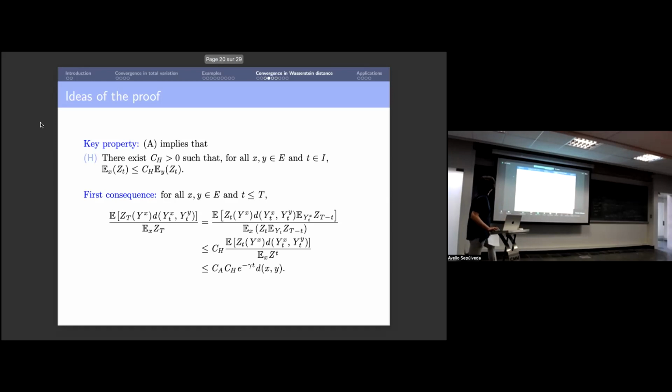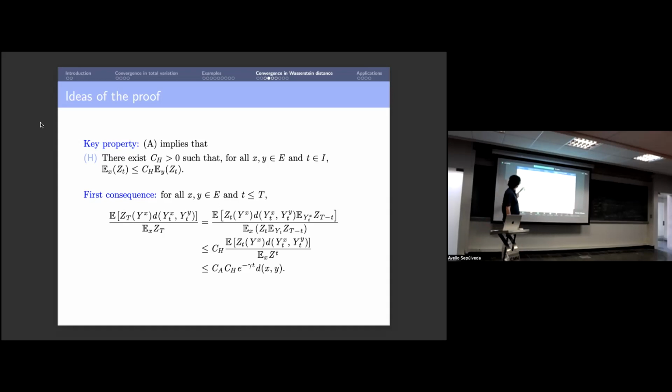Now the steps of the proof are the following. There are not so many, but this one is difficult, and I'm not going to explain it. If you remember, there was a Harnack inequality in the total variation criterion that just disappeared. But actually it's still needed, only in the proof, because this property is implied by my assumption A. So my assumption A is quite strong, because it implies very strong properties like this one.